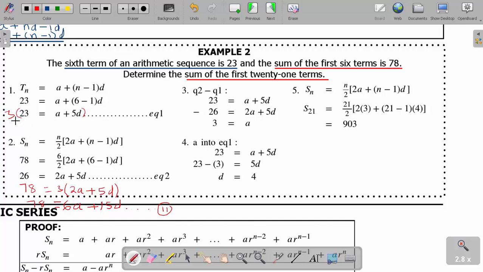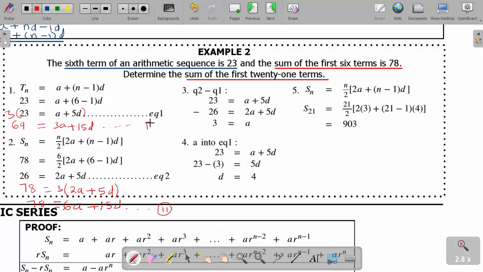So what is 3 times 23? It's going to be 69. It equals, what about 3 times a? It's going to be 3a. What about 3 times 5d? It's going to be 15d. And then now I can call this equation 1.